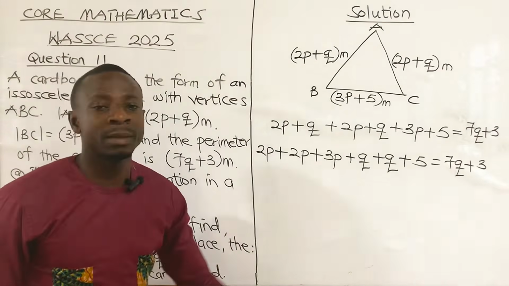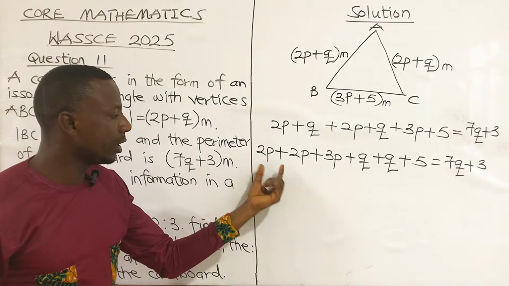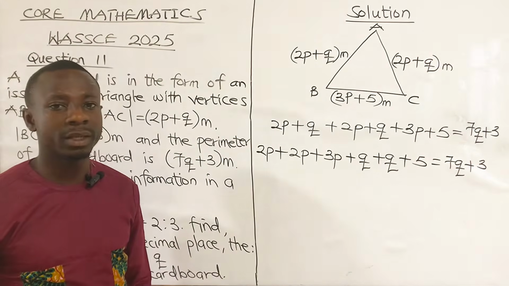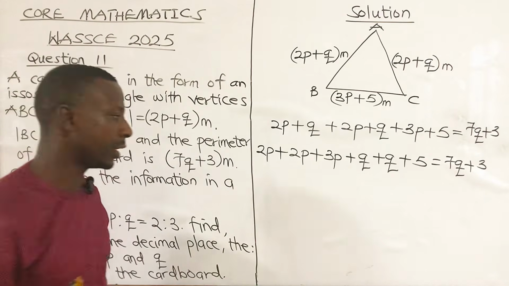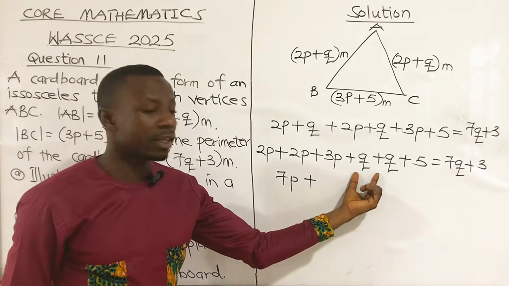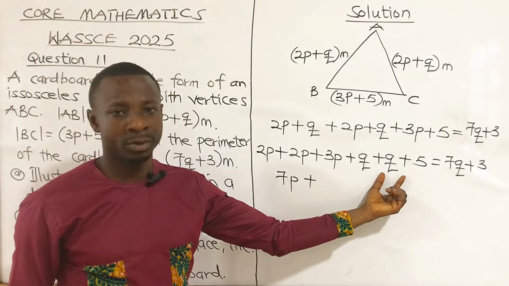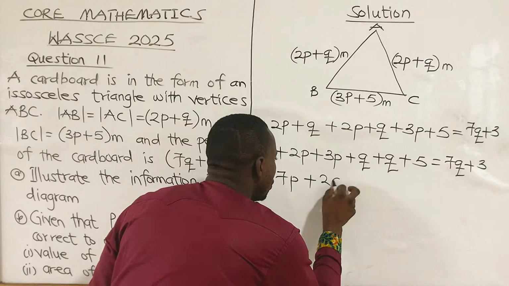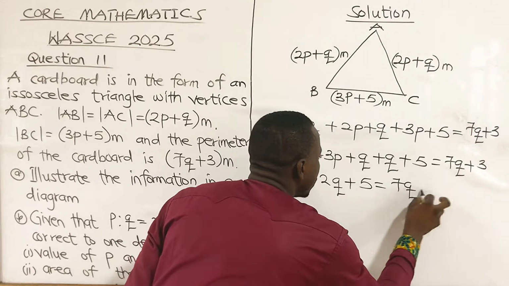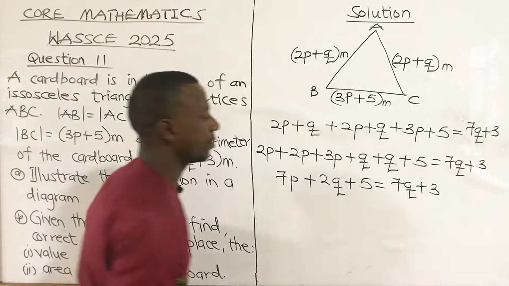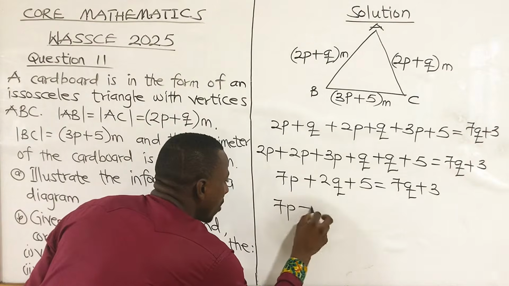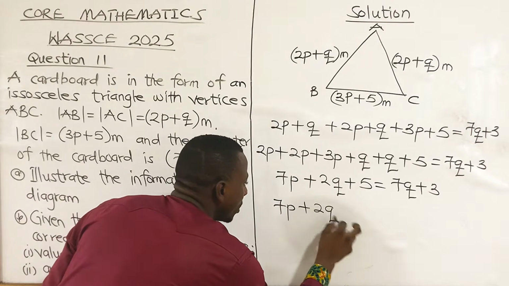Now let's put them together. 2p plus 2p, we have 4p, plus 3p, we get 7p, plus q plus another q, we get 2q, plus 5 is still equal to 7q plus 3. So we have 7p here and 2q here.